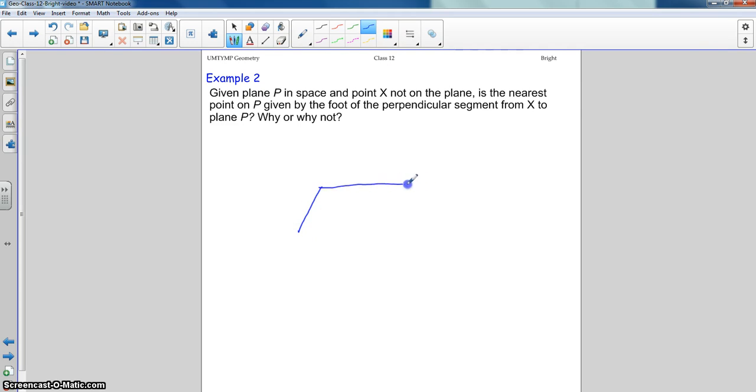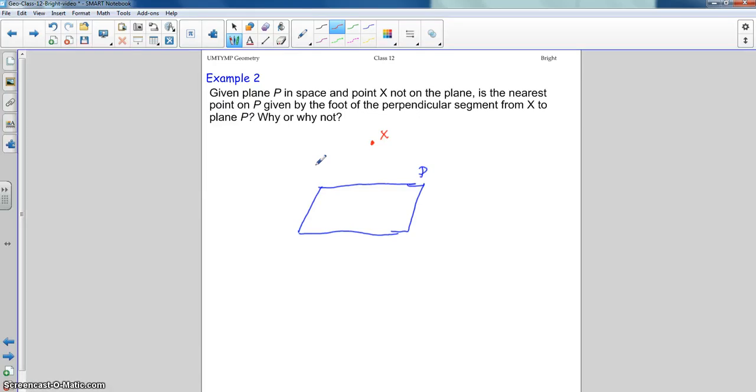Here's my lovely plane, best as I can draw, plane P. Given a plane P in space and a point X not on the plane, is the nearest point on P given by the foot of the perpendicular segment from X to plane P? Logically, we know shortest distance is given by a line, and probably a perpendicular line, but let's actually check here.